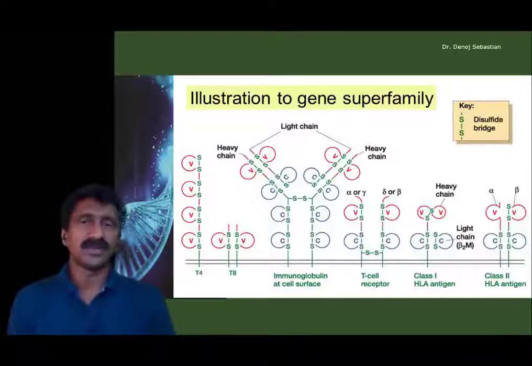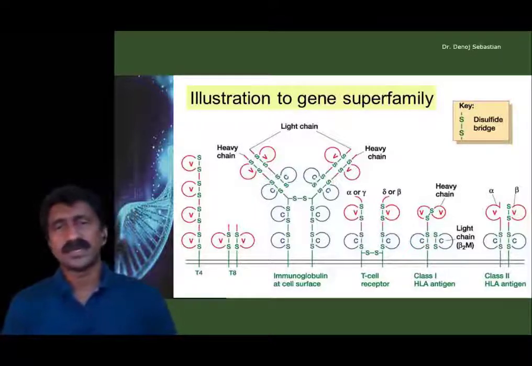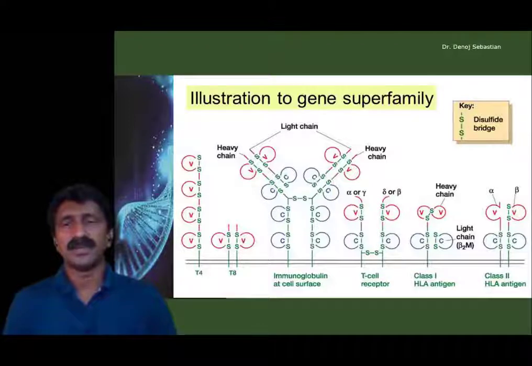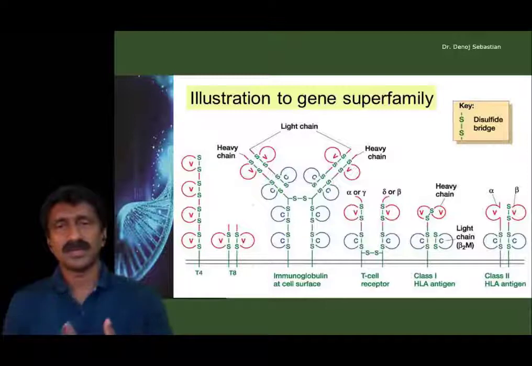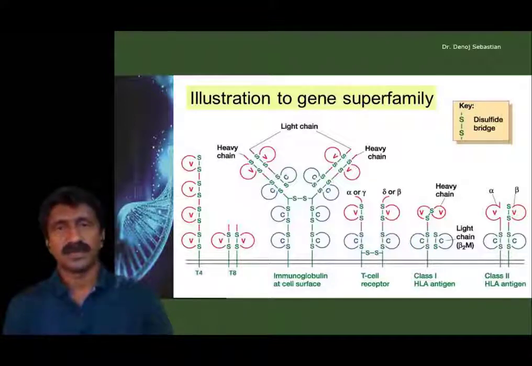Each and every member of this superfamily will have a different function, and there will be an evolutionary relation in this family. So these are all known as superfamilies, in which we have a common ancestry, but structurally and functionally they will be different.